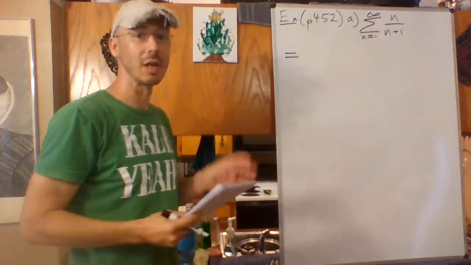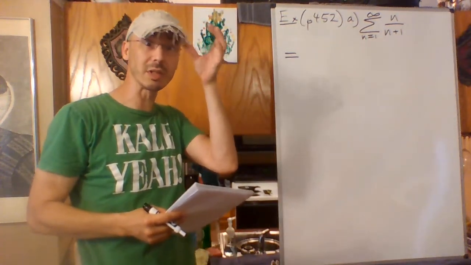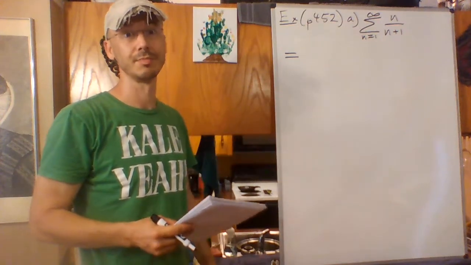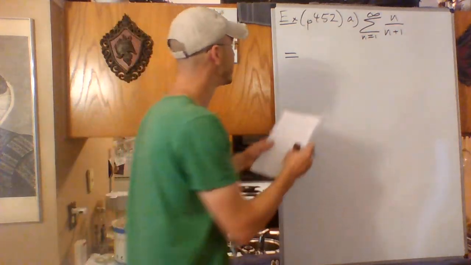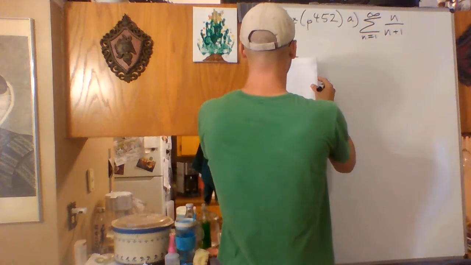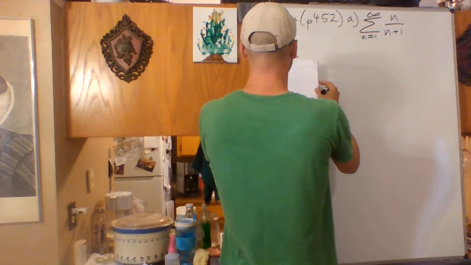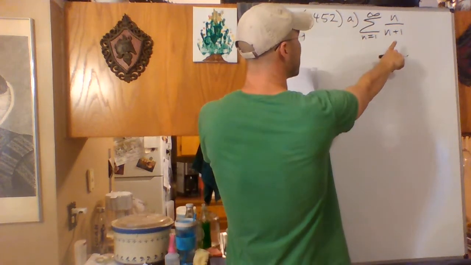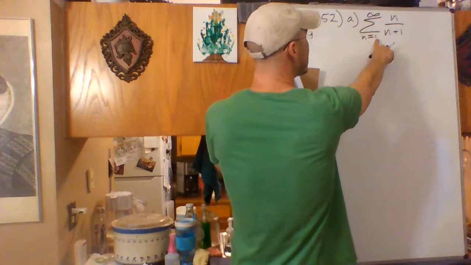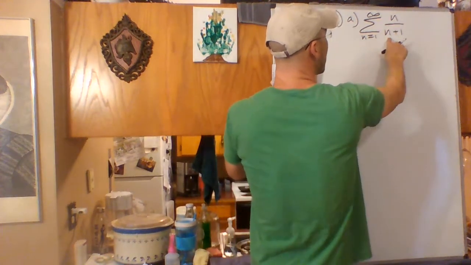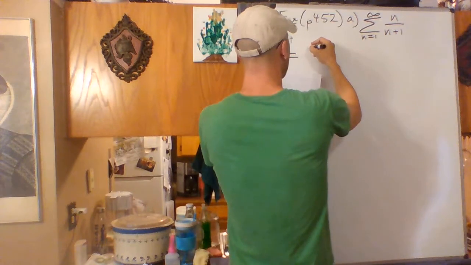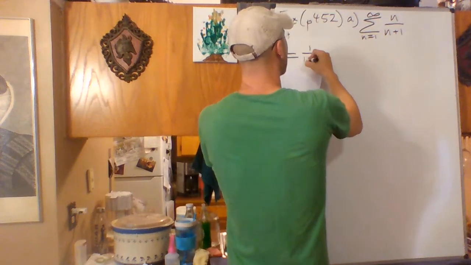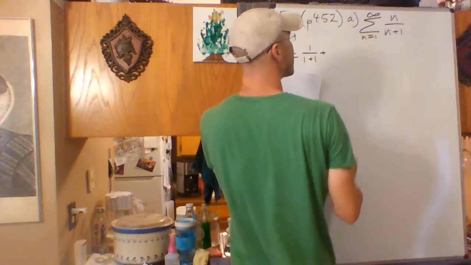That's equal to, and I'm just kind of supposing that it's a real number. If not, we'll see, but let's list out some terms. So for n equals 1, I've got 1 over 1 plus 1. And in fact, let's write it like that.